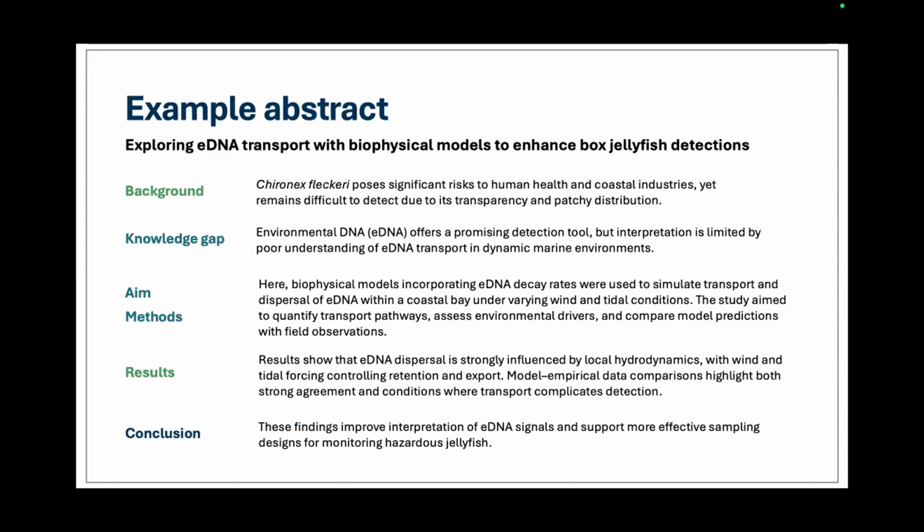Here is an example of an abstract. This is actually mine from the last conference, for a talk I did on understanding eDNA transport in hopes of enhancing box jellyfish detections. What I want you to notice with this example is how each sentence has a really clear purpose for each section.